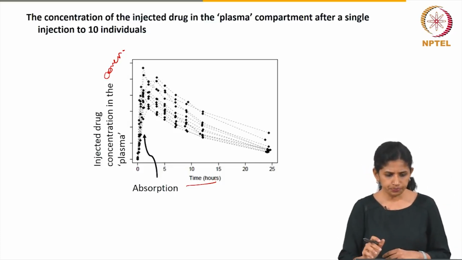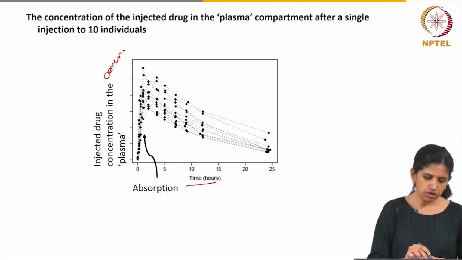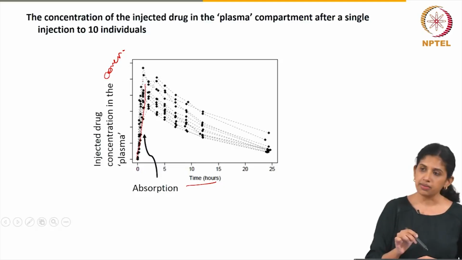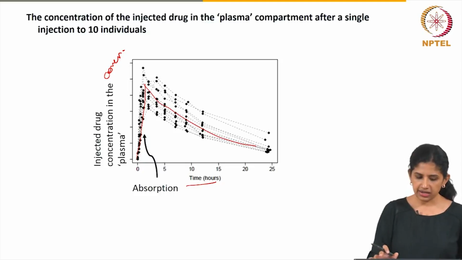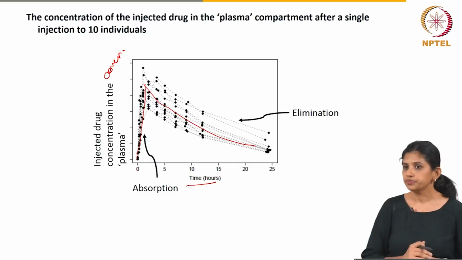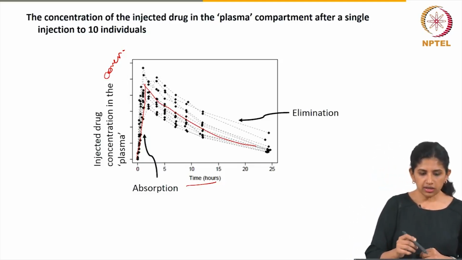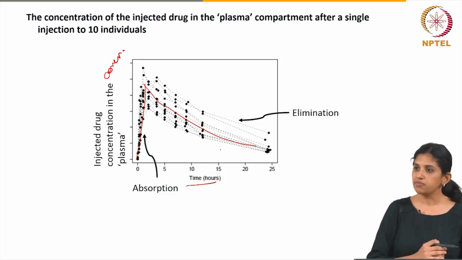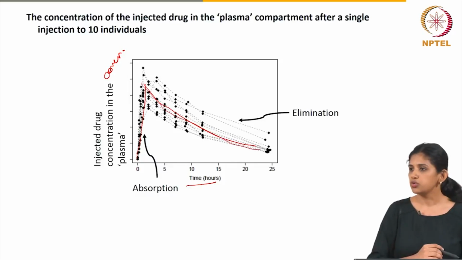Okay. So, this is the absorption phase, and as you can tell, at time 0 when you give the injection, there is not much going on. Boom, you see some increase in insulin as the insulin gets absorbed, and you see this decrease as it gets metabolized and eliminated. Okay. So, before we even go any further, as people with quantitative backgrounds and engineers, you can already start thinking, oh, this looks like an exponential decay.